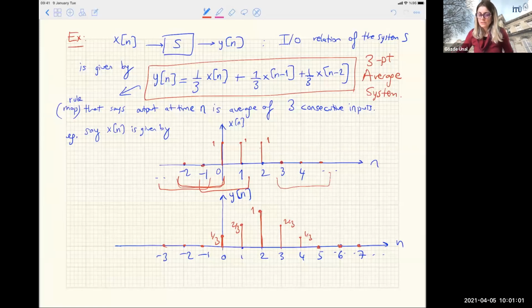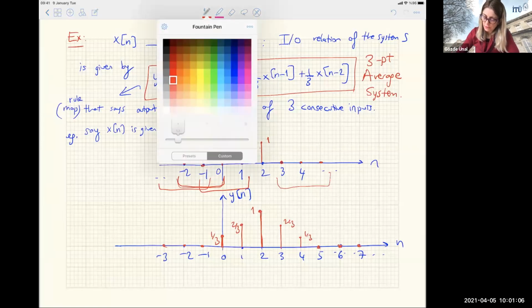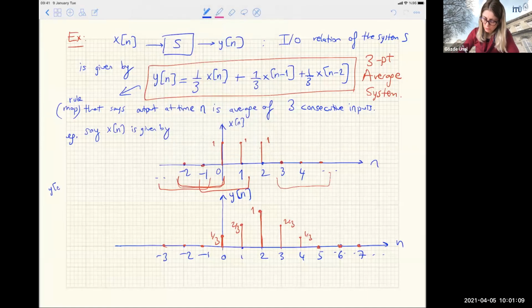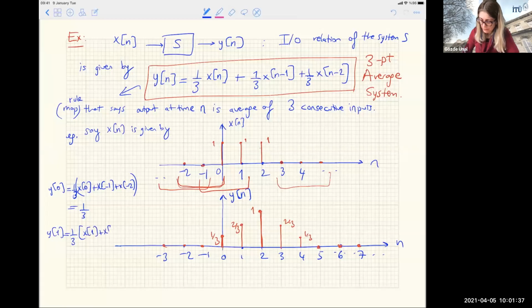Okay, so you can check, guys, from here, what is y of minus 1, for instance? What is y of 0? You could have calculated it through 1 over 3 x of 0 plus x of minus 1 plus x of minus 2, right? So that was equal to 1 over 3. And then you can calculate y at time point 1: 1 over 3 x of 1 plus x of 0 plus x of minus 1.